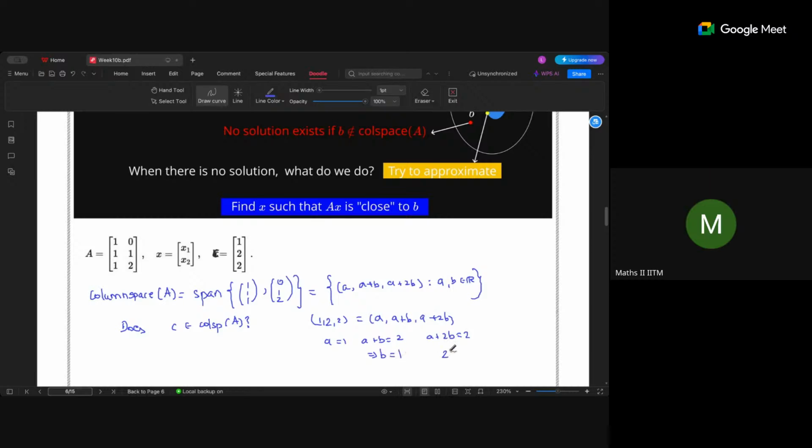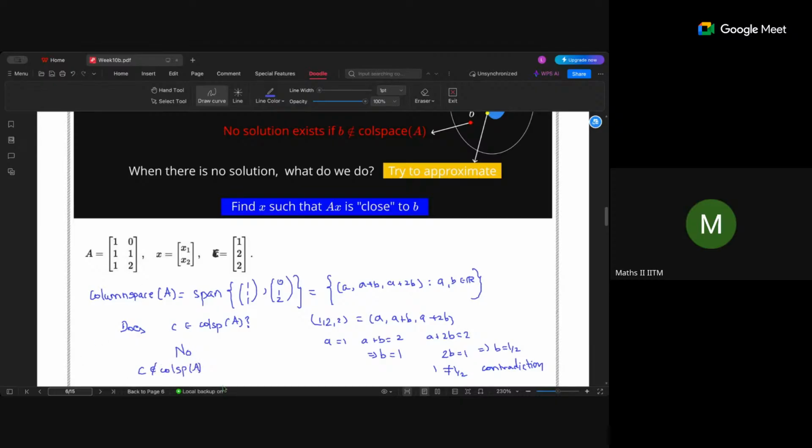But here I get 2b is equal to 1, b equal to 1/2. So 1 is not equal to 1/2, so we get a contradiction. This means what? This c does not belong to the column space of A.